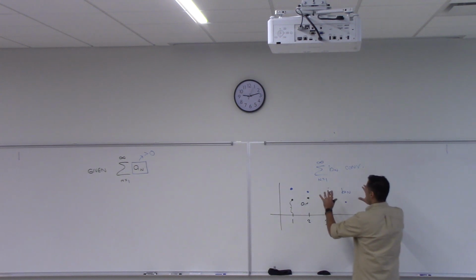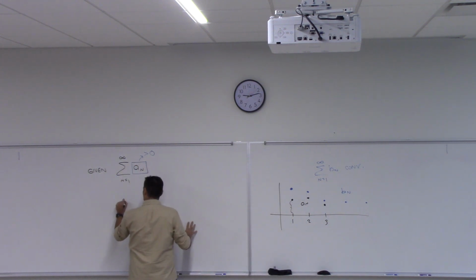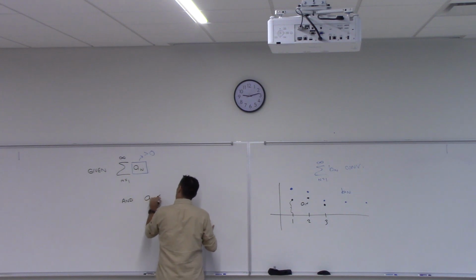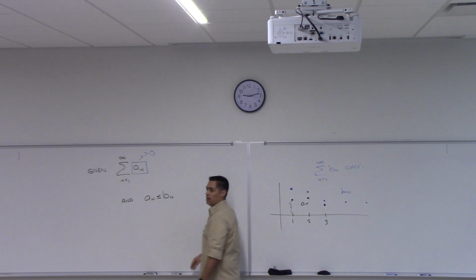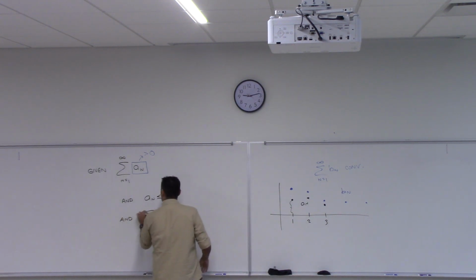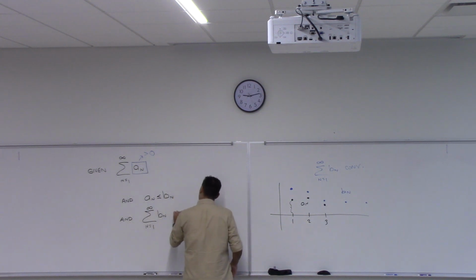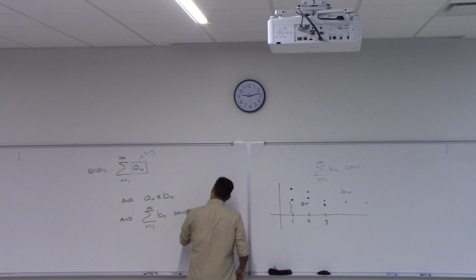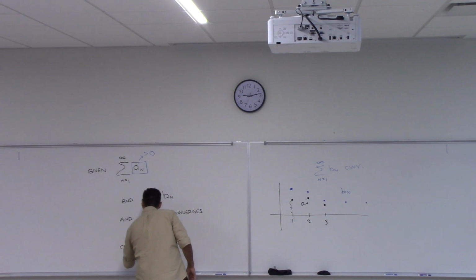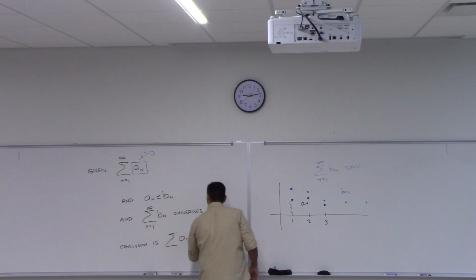So I'm telling you that if we start with this, and then I tell you a sub n is less than or equal to some b sub n, and that series with b sub n converges, then your conclusion is that your original series converges.